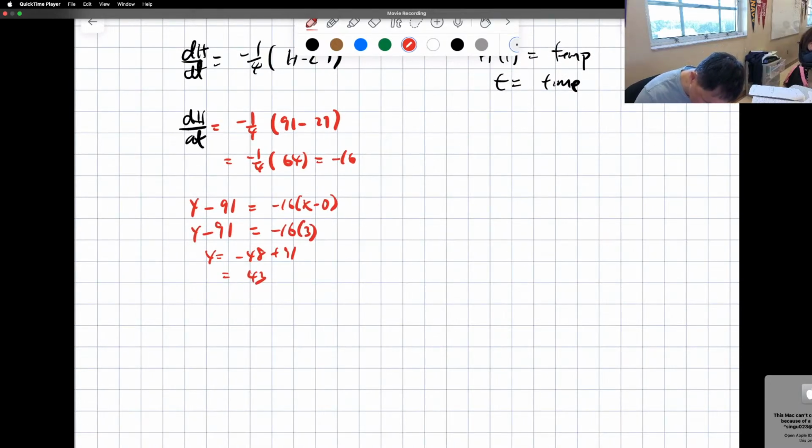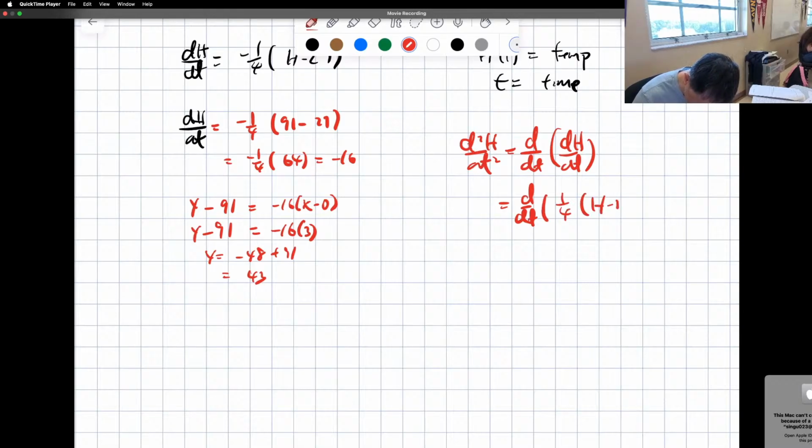So d2h/dt2 is equal to d/dt of dh/dt, and that's equal to d/dt of negative 1/4 times (h minus 27). This is just kind of a bare question. That's going to be 1/4 h minus 27 over 4, which equals 1/4 of dh/dt.